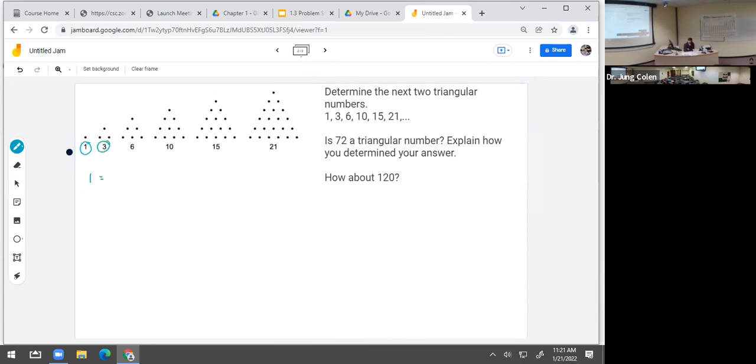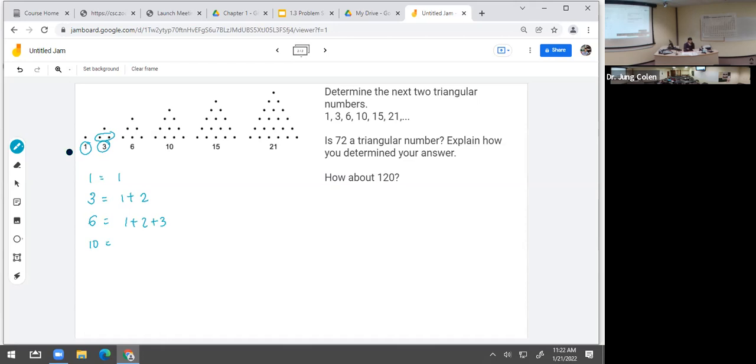So for the first triangular number 1, we have 1 dot. For 3, the second triangular number, we are adding 2 to 1. And for the next triangular number, we have 1 plus 2 plus 3. You see that pattern? It's 1 plus 2 plus 3. How about 10? How do we get that?